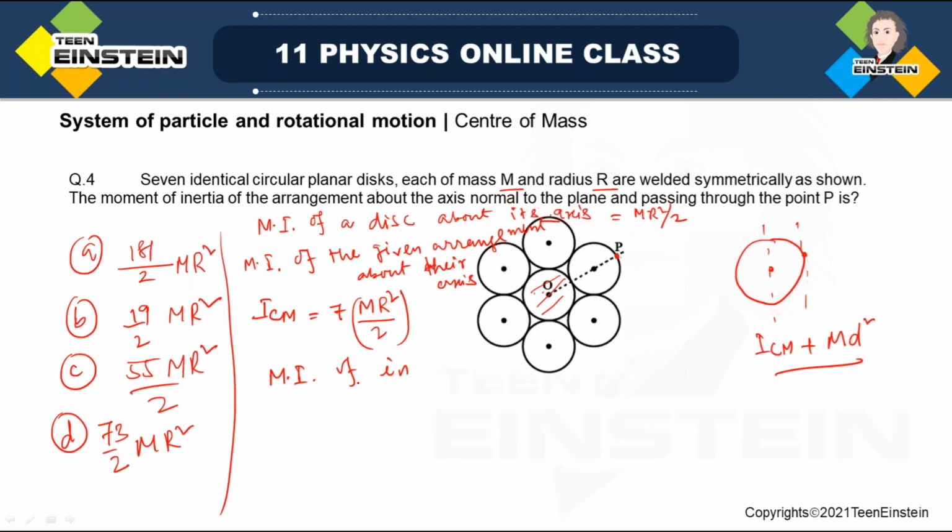If we write the parallel axis theorem, you can just think of this P point. The moment of inertia of the whole arrangement about the center of mass we have got already, that is 7 m r square by 2, and I have to find the moment of inertia about this axis which is passing through P.